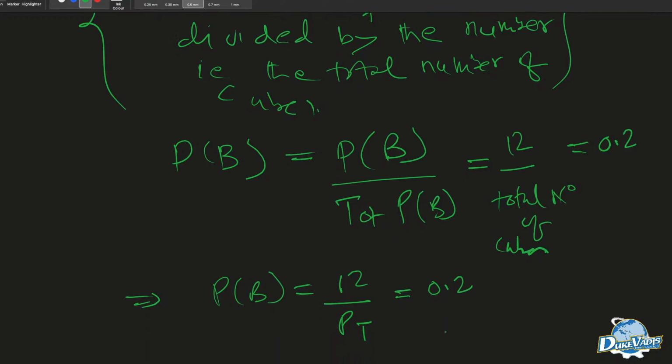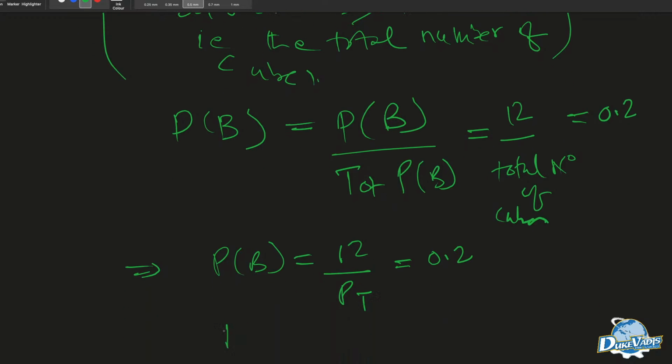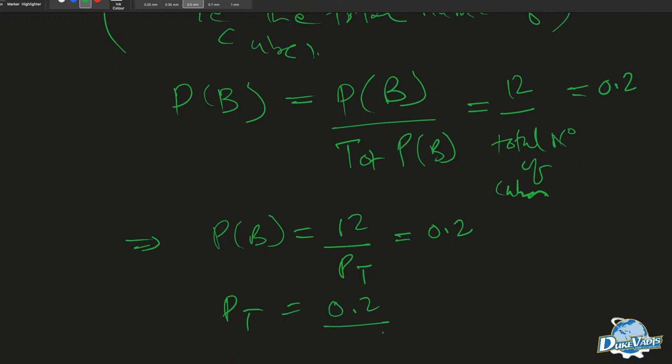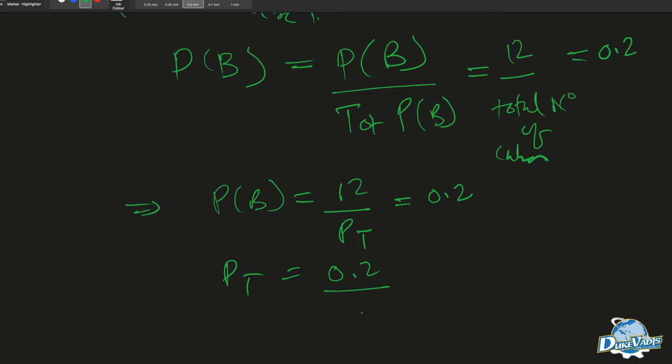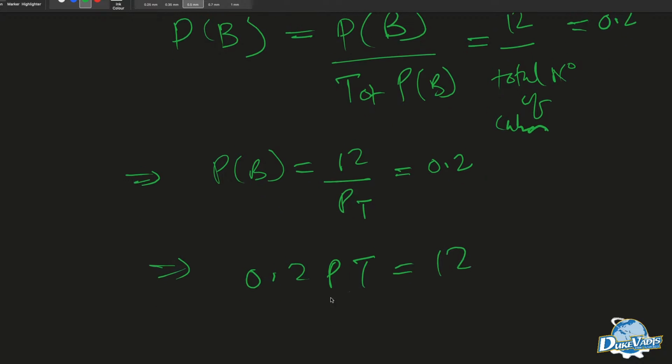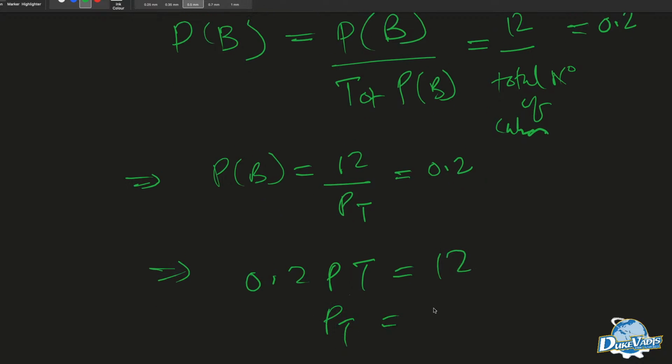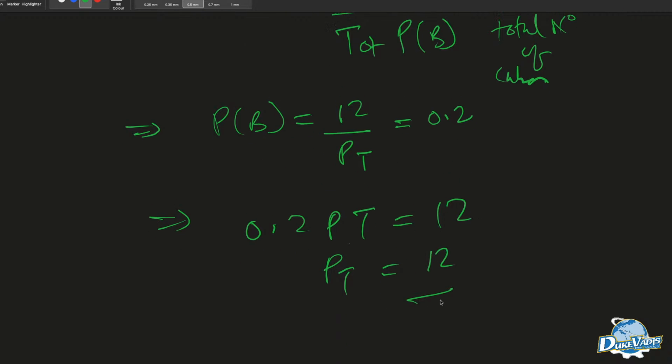So 0.2 PT equals 12. PT, the total, will be 12 divided by 0.2, which gives us 60.